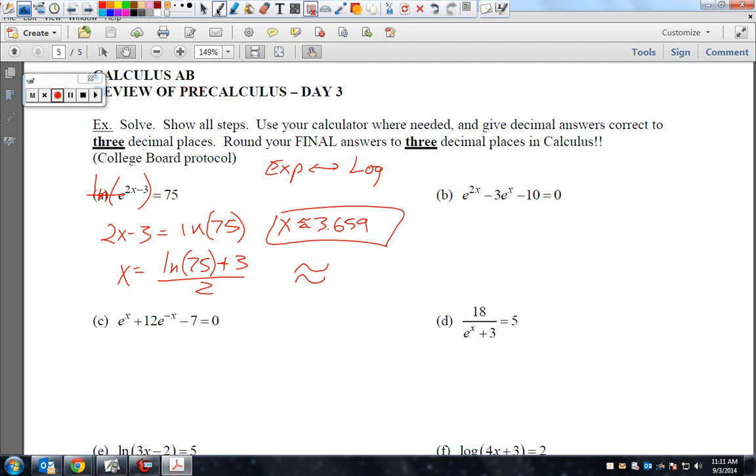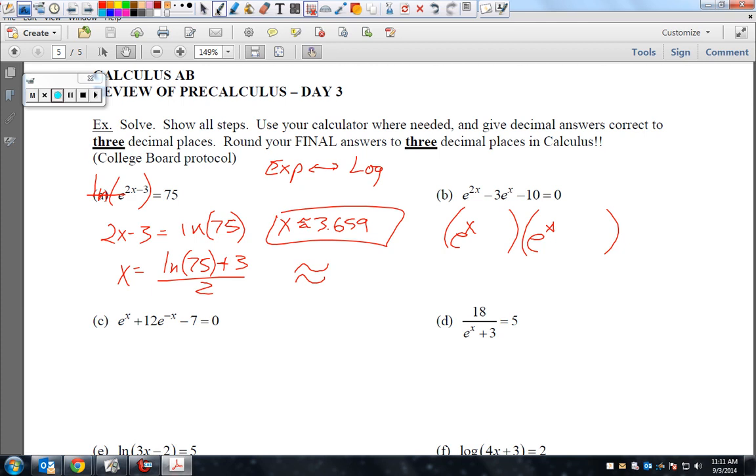Let's go with B. What do I do with B? Factor. The first 2 terms of each binomial, what are they going to be? e to the x. Yep. e to the x times e to the x is e to the 2x.